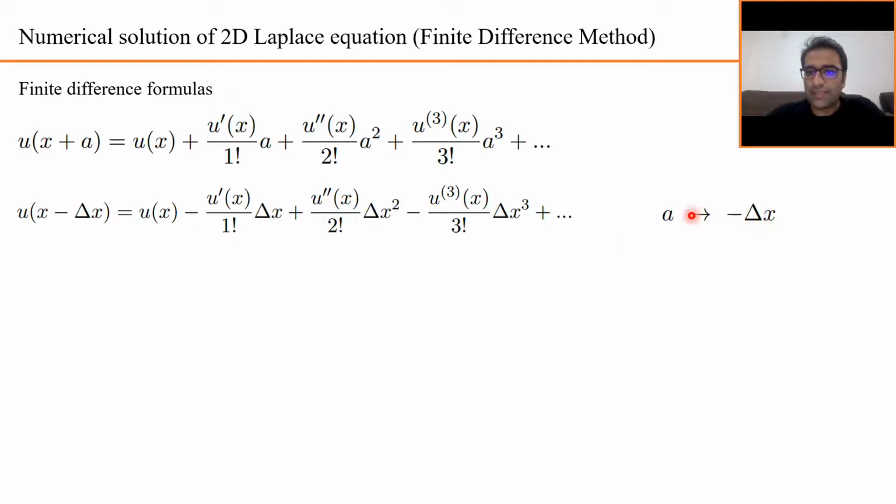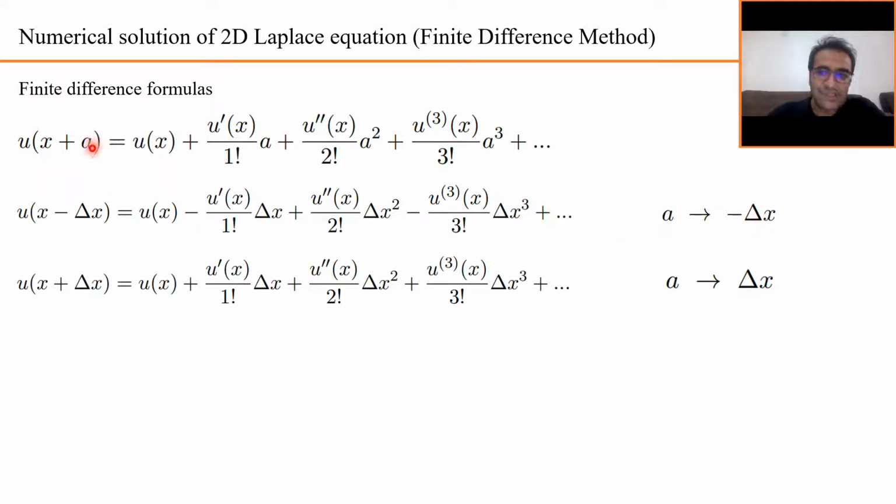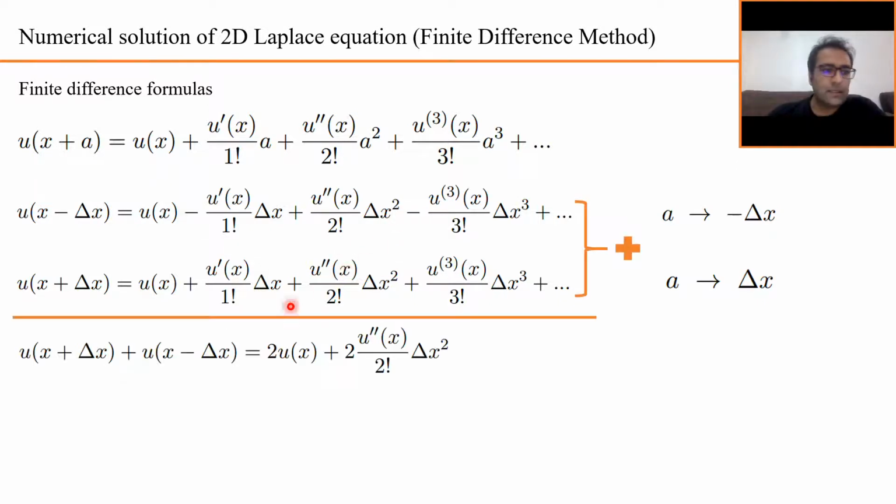And if I replace a with plus delta x, what I have is u(x plus delta x) equal to u(x) plus the first derivative plus the second derivative and plus the third derivative, right? If I add these two functions together, this is just u(x plus delta x) plus u(x minus delta x) equal to, I have two u(x) here, right?